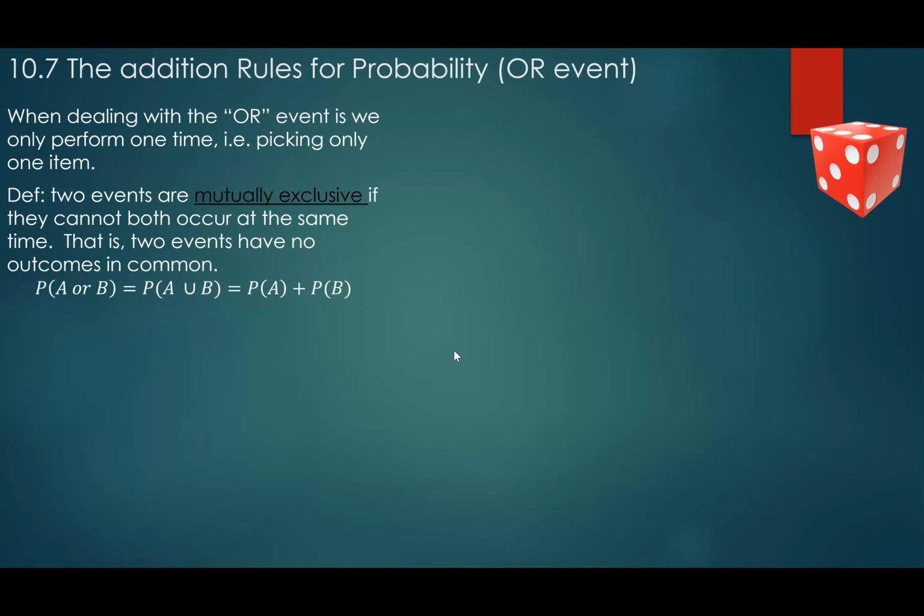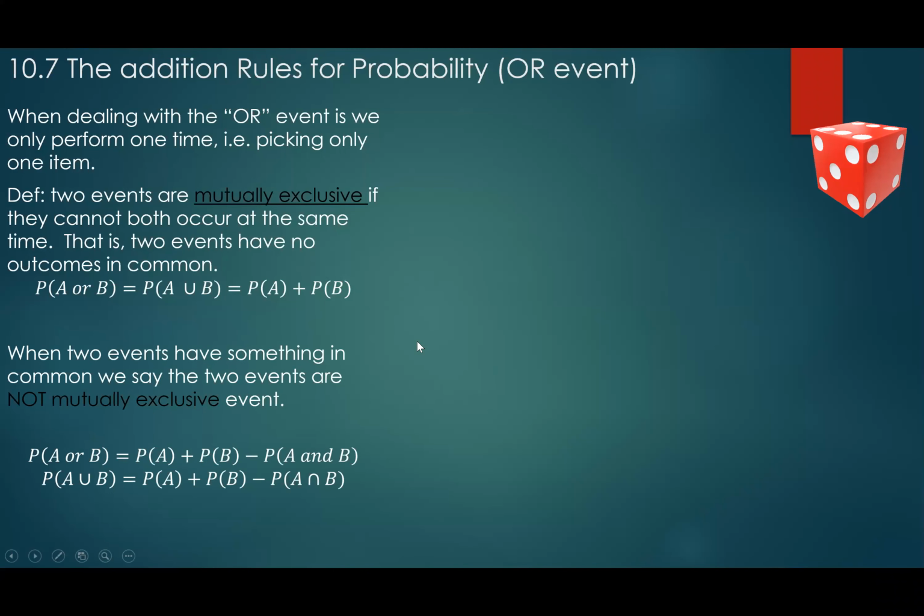We're good to go. If they are not mutually exclusive, and again, not mutually exclusive is when they do have something in common. And this is the problem, ladies and gentlemen. If you have nothing in common, you are mutually exclusive.